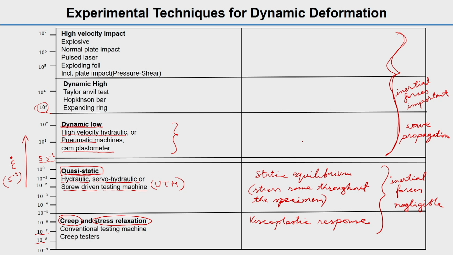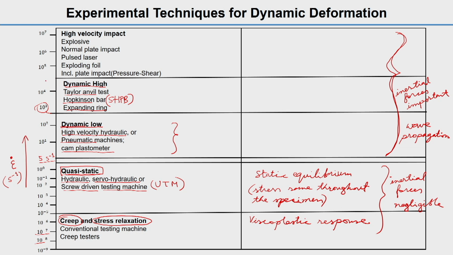When you go a little higher in this table, we have the dynamic high range, where we have the Taylor test, the Hopkinson bar, which is very widely used as we have discussed several times, the split Hopkinson pressure bar, and another one is the expanding ring test.